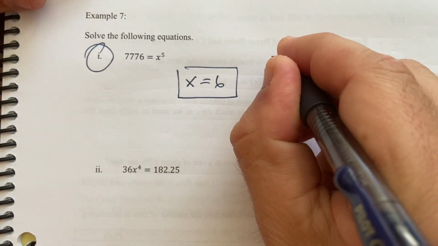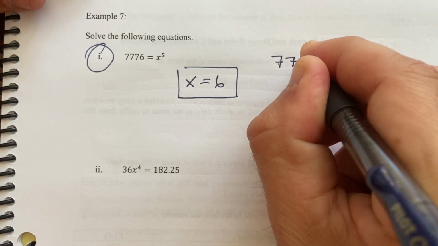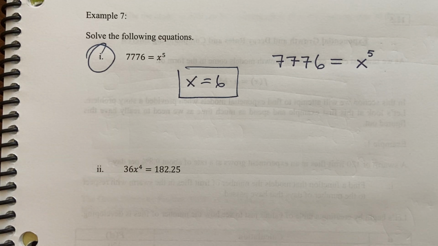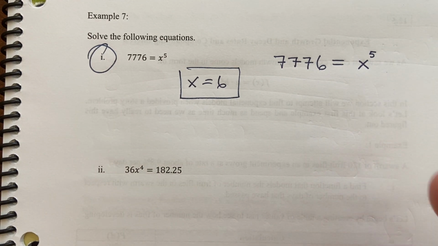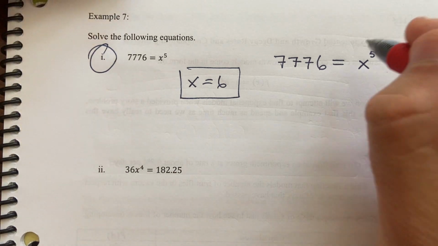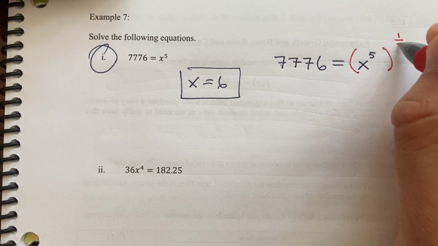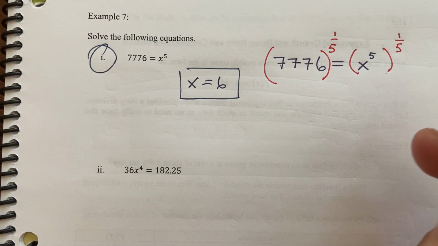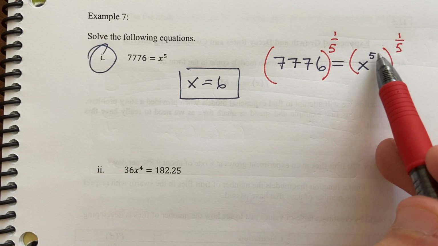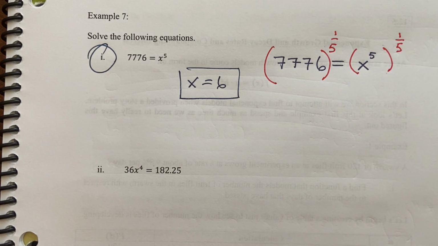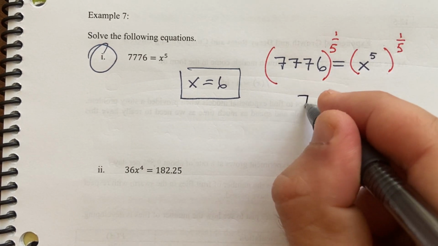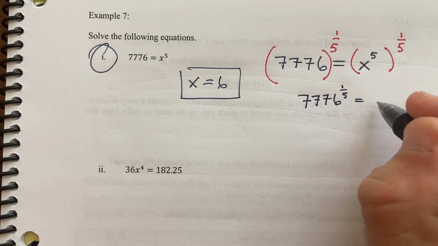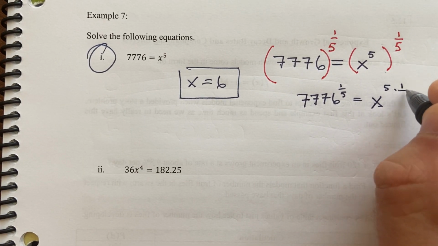Another way of doing that that's less guess and check: to get rid of this power of 5, you can raise both sides to the 1/5 power. Powers to powers multiply. So when these multiply, I'll be left with 7,776 to the 1/5 equals x to the 5 times 1/5.